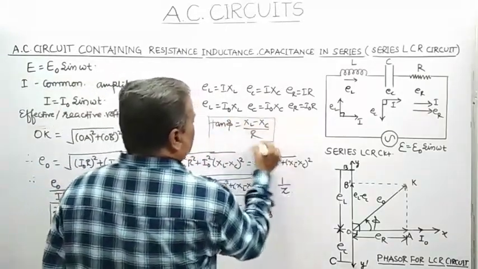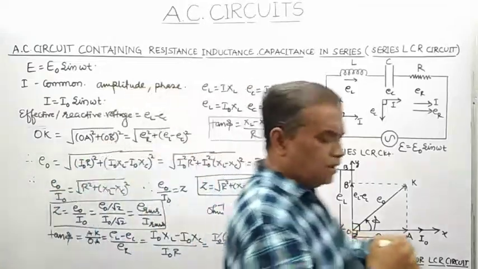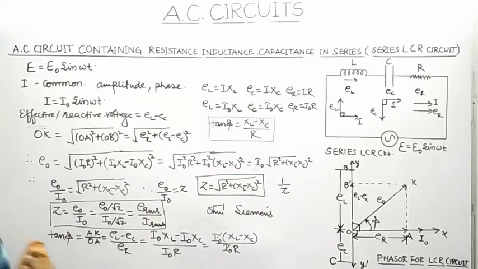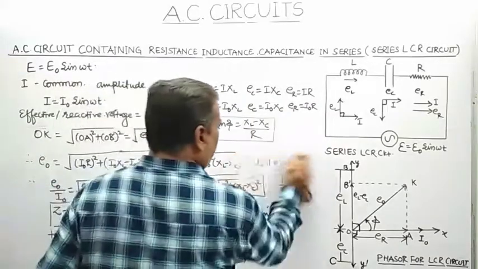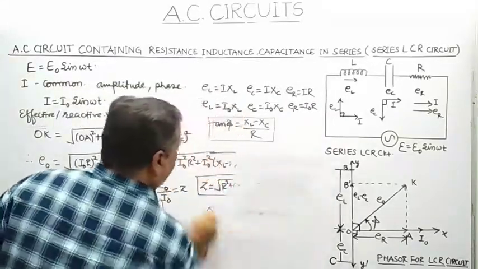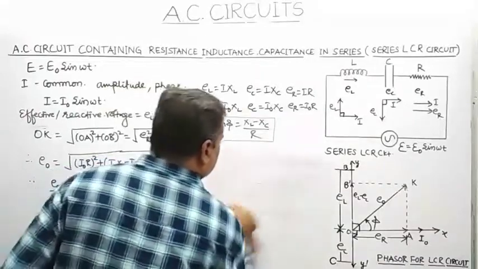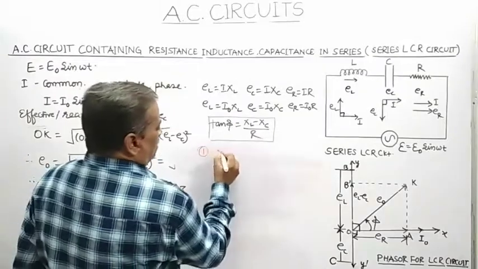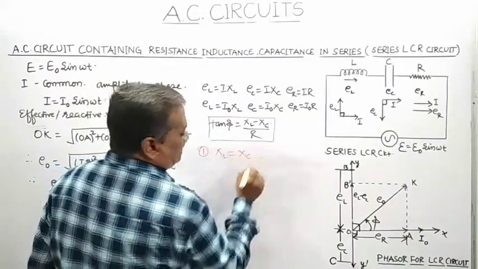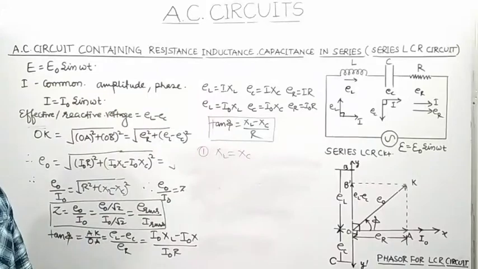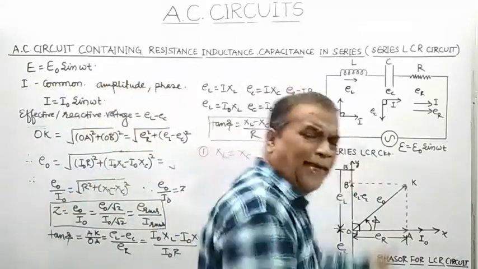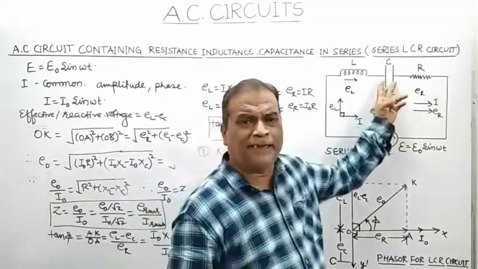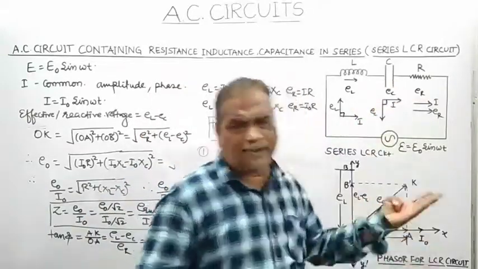Now from this relation we have three important conditions, which we will discuss one by one. The first condition is that the circuit is such that XL is equal to XC. Phi is the angle by which the EMF of the series LCR circuit leads the current.